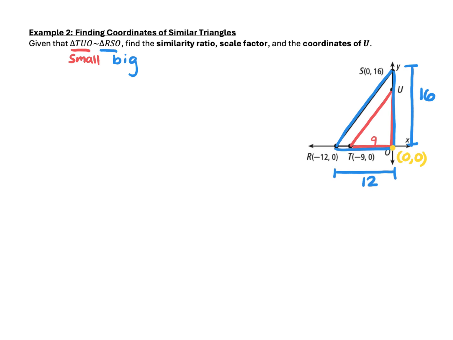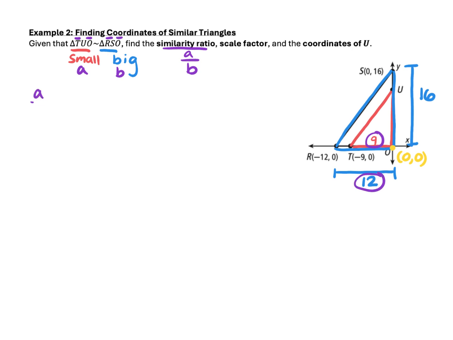Let's start with the similarity ratio, which is what we're familiar with from the rest of this chapter. For the similarity ratio, you're going to do A over B, where A is in the first triangle and B is in the second triangle. So A is going to be the small number, B is going to be the bigger number. Now let's look at some parts where we have matches. So TO, this 9 right here, corresponds with RO in the bigger triangle, which is 12.